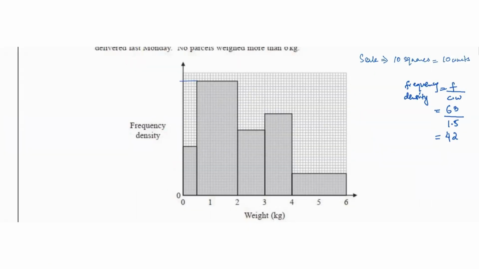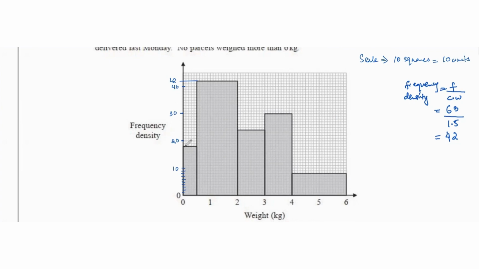This we said is 42. 2 units before this is 40. So 1, 2, 3, 4, 5, 6, 7, 8, 10. This is 30. 1, 2, 3, 4, 5, 6, 7, 8, 20. 1, 2, 3, 4, 5, 6, 7, 8, 9, 10. This is 10.